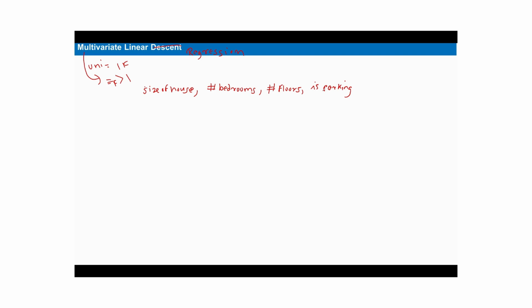In this case there are 4 features, x1, x2, x3 and x4, and with respect to them we have the price of the house, which is y1.